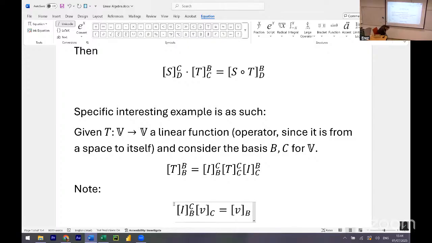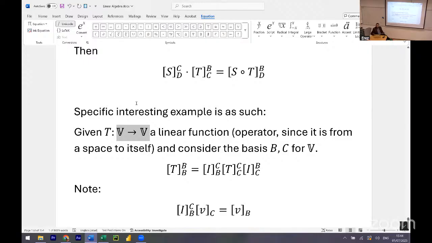Yeah, but what does it mean? If you go from R2 to R3, what is the identity in this case? No, it couldn't be. That's why it's an operator. It's from V to V. Okay, that's why the word operator is so important, because it's only relevant when you have the same space in the domain and in the range. If you have different spaces, then you couldn't say from B to B. It doesn't make sense at all.